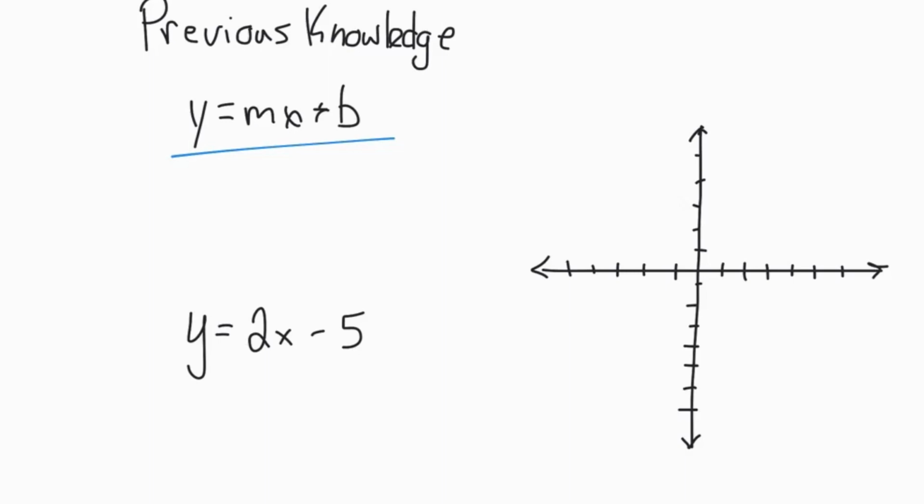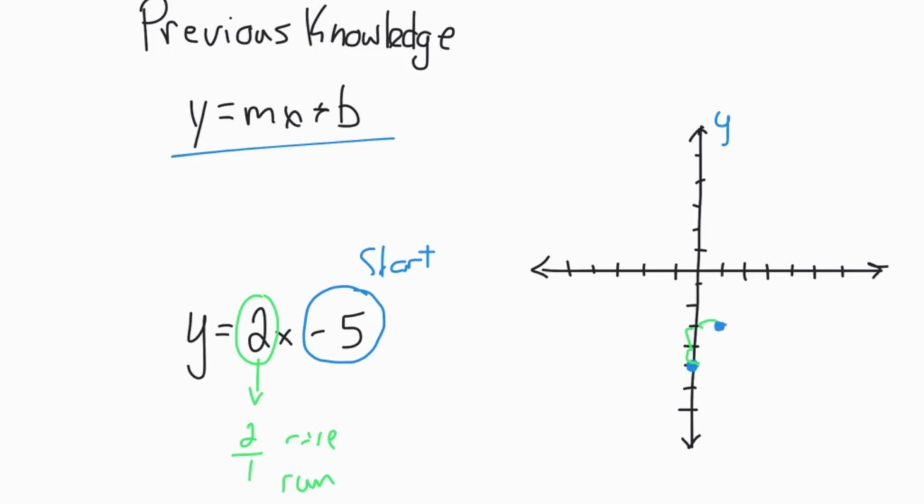So this b is where you start on the graph. So we start at 1, 2, 3, 4, 5. We start at -5 on the y-axis, and then our slope right here is telling us, as a fraction, rise over run. So from this point of -5 on the y-axis, we go up 2, rise 2, run to the right 1, and that's where our next point is.